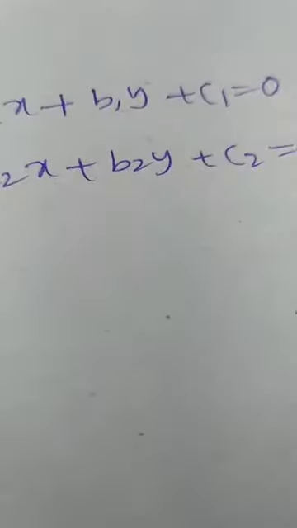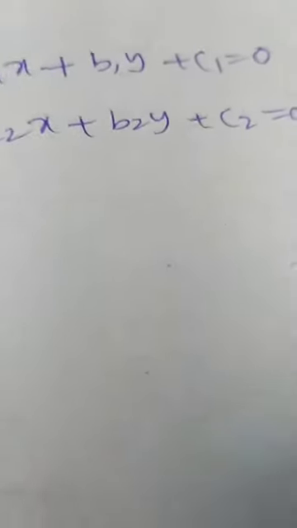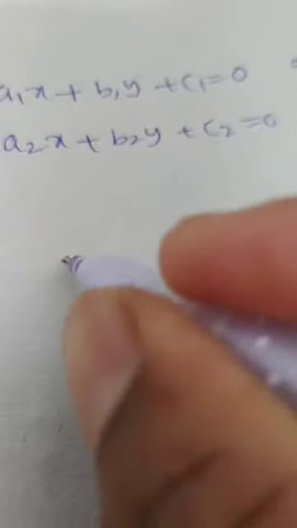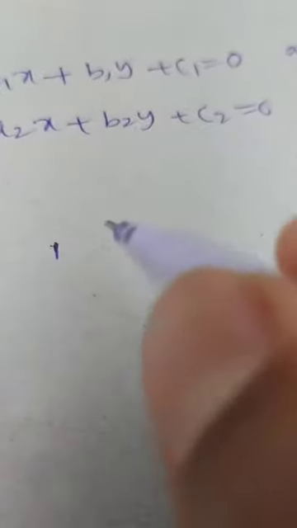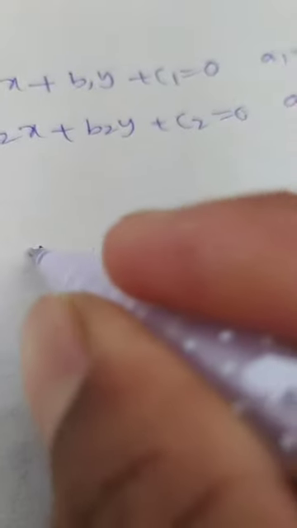But without a graph, I have to know how many solutions exist. If you have two equations in two variables, without a graph we can find out how many solutions it has. For that, what I said, how many cases arise? Three cases.